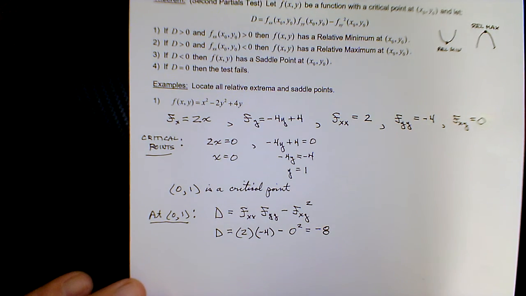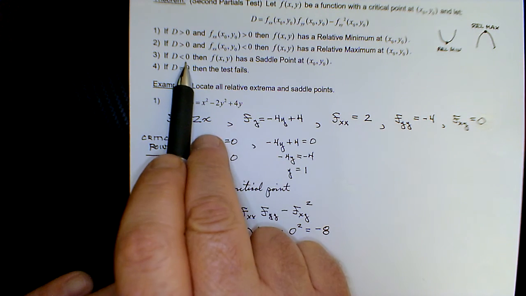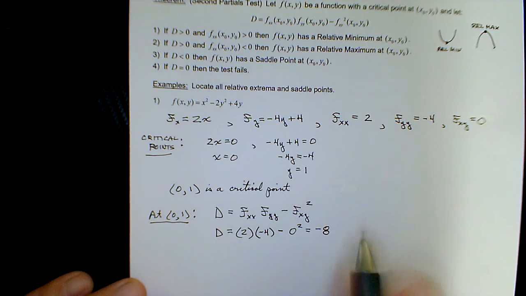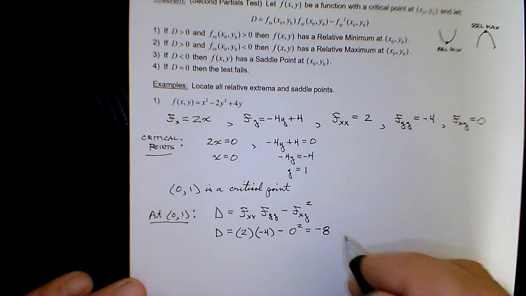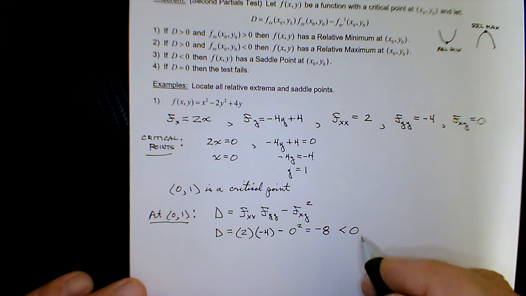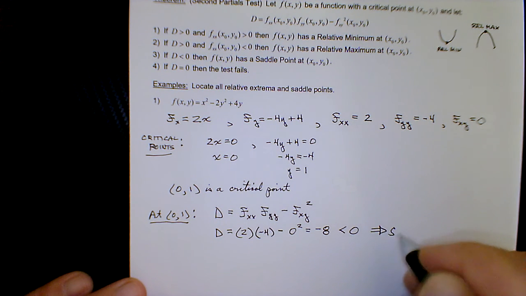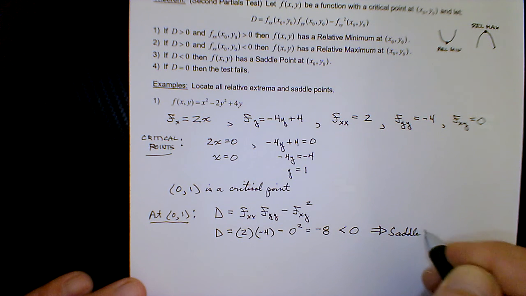And then looking at our theorem, if d is less than 0, then we have a saddle point. So therefore, since this is less than 0, it's a saddle point.